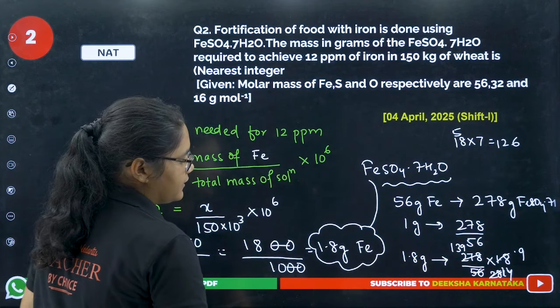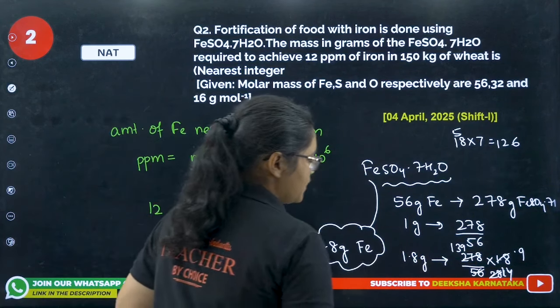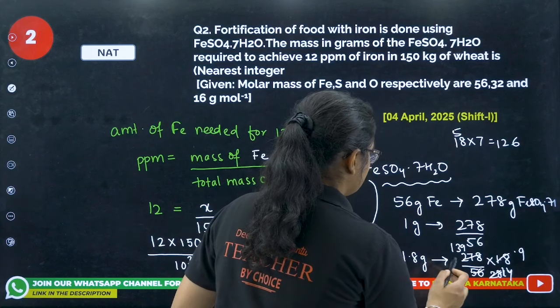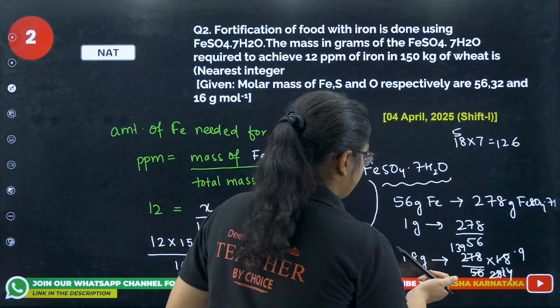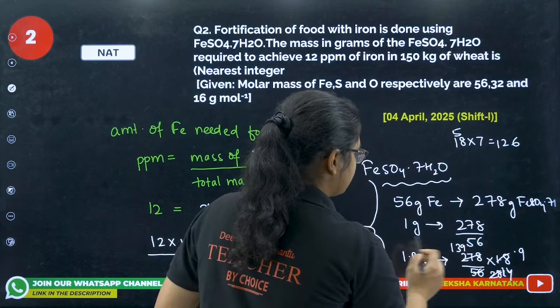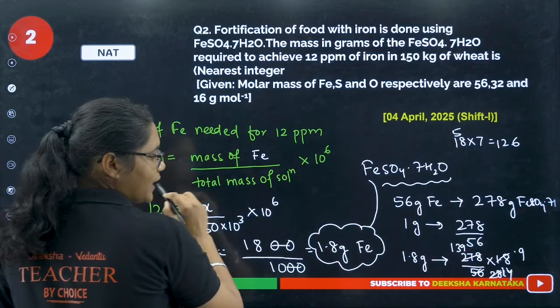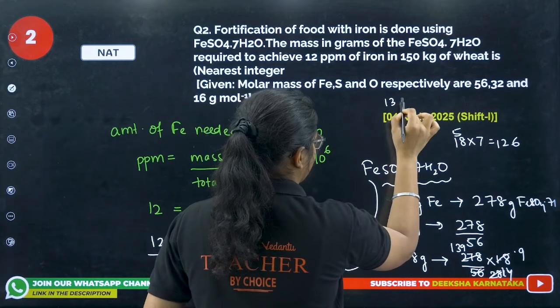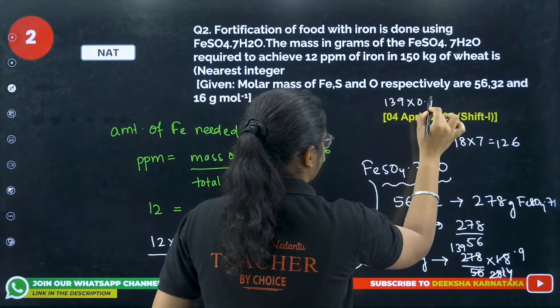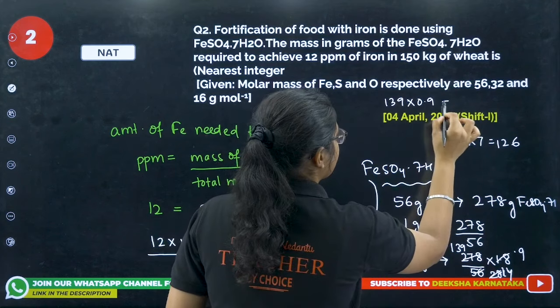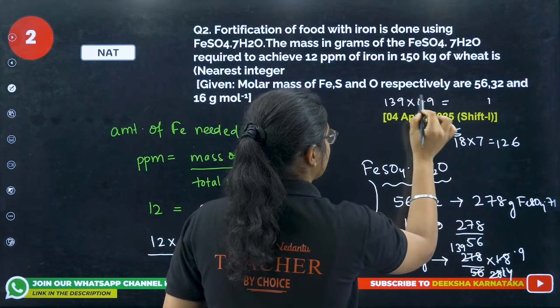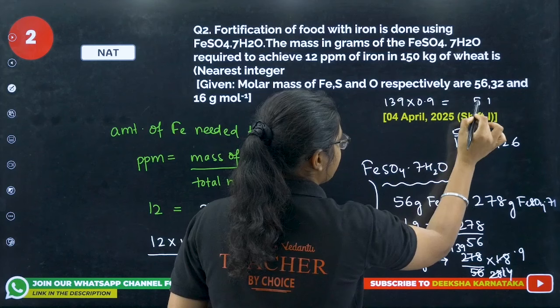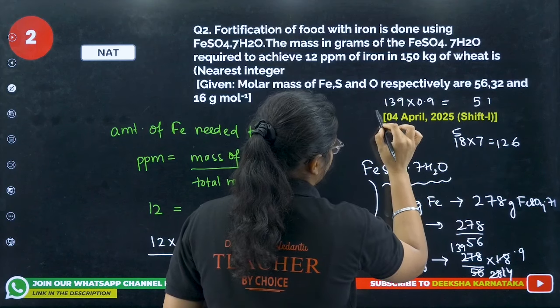Okay, any other I can reduce? I don't think so. Okay, so 9 9s are 81. So I have 139 into 0.9. 9 9s are 81, 9 3s are 27 plus 8 is 35, 9 1s are 9, 10, 11, 12.